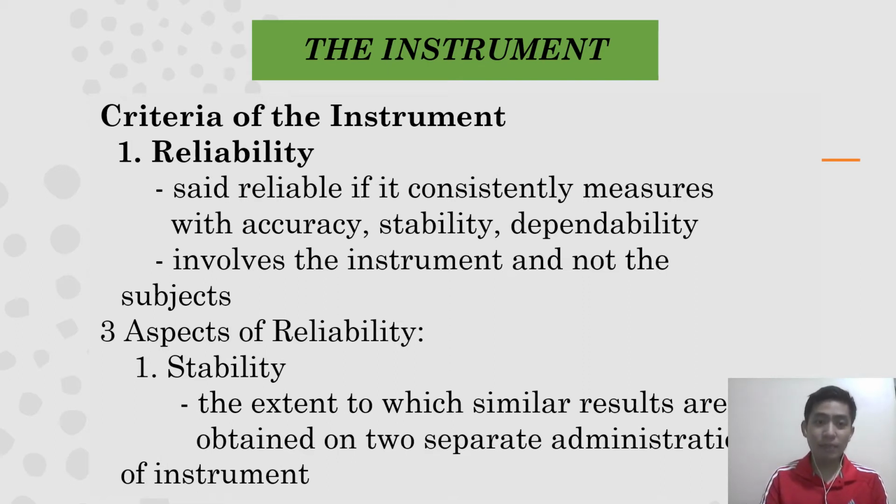We have stability, the extent to which similar results are obtained on two separate administrations of the instrument. So for stability, if you pilot tested the questionnaire for research on the effects of therapeutic touch on end stage renal disease patients, and you tested it on therapeutic touch for stage 3 or stage 4 cancer, the results should be almost the same.